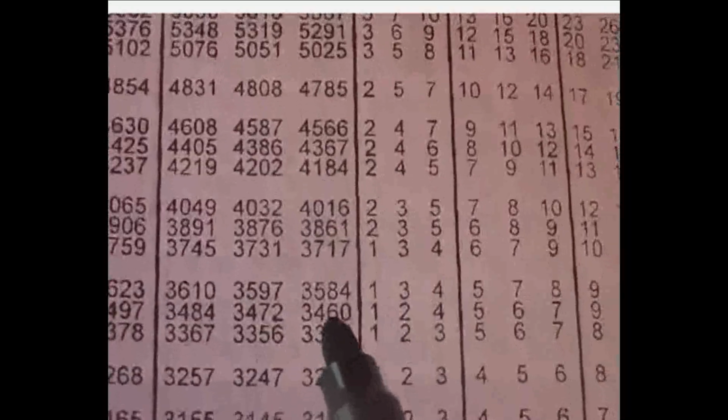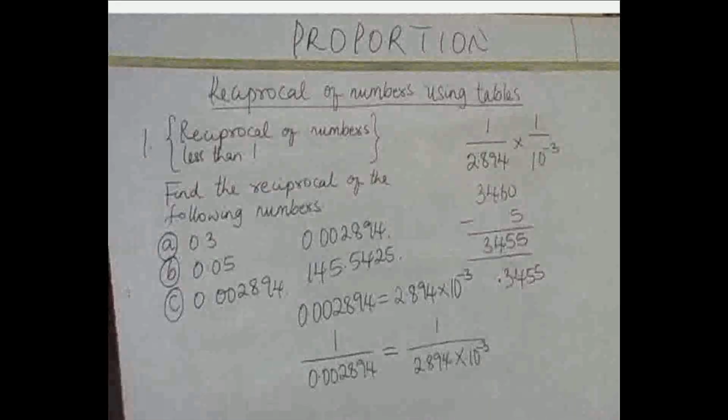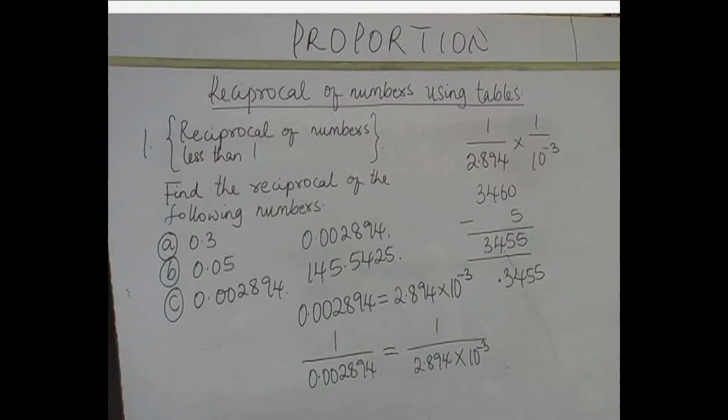This is the 3460 we had. So we have 1, 2, 3, 4. You can see the value there, 5. So that was why you saw me write 5 under 3460, and I subtracted to get 3455. Any number you get from the difference of your reciprocal table, you subtract it from the main number you already had. Okay?